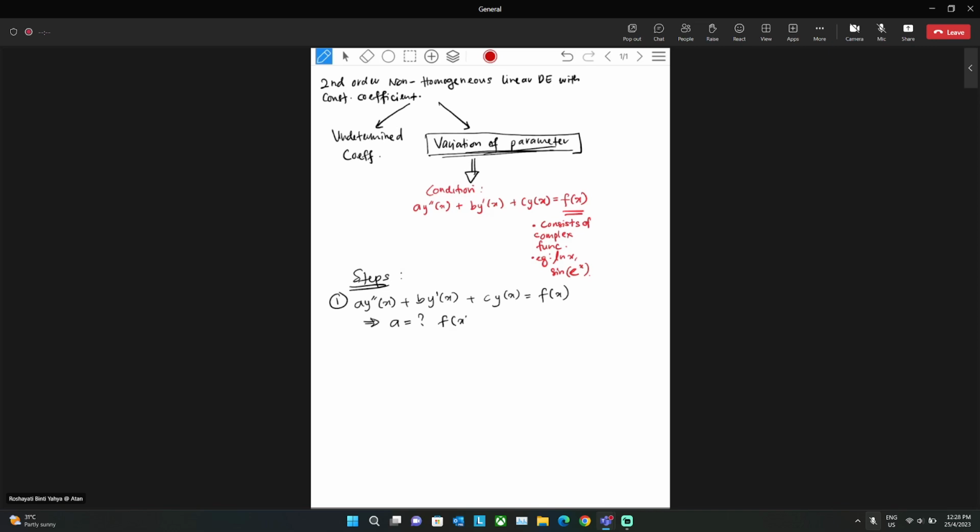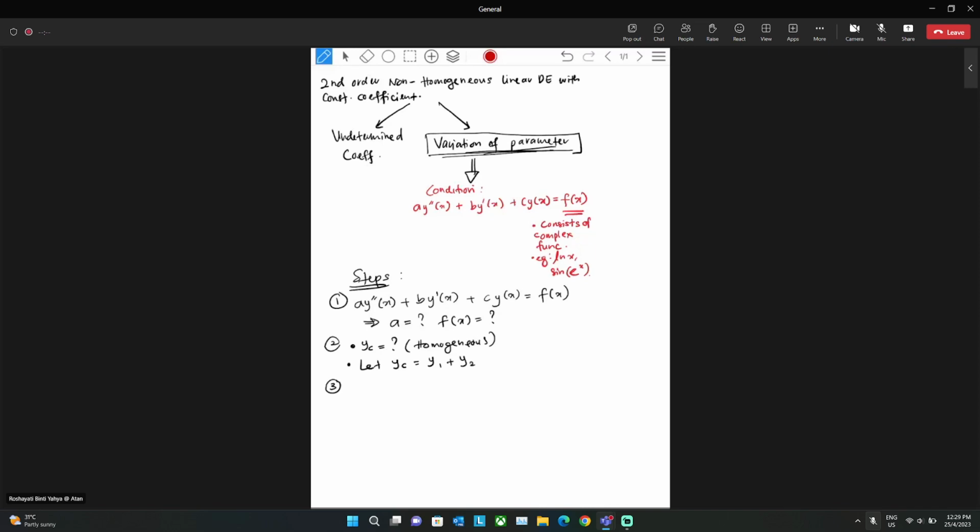What is your f(x)? Second one, what is your yc? yc based on homogeneous. After that, let yc equal to y1 plus y2.